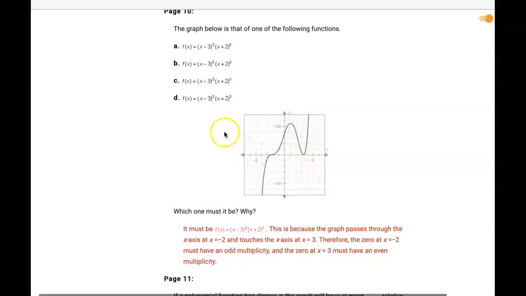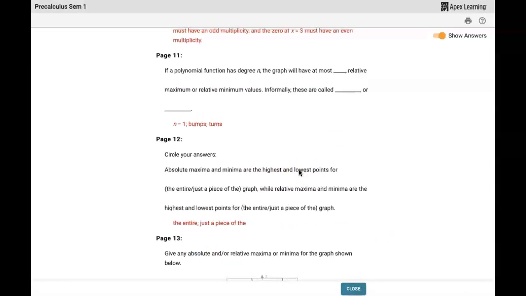So if it's at x equals 3, we've got to have that x minus 3, and this is our one that touches, so it's got to have a multiplicity of 2. So therefore, our answer is letter C. Because again, this one passes through, this one touches, and we've got to be able to work backwards from there.